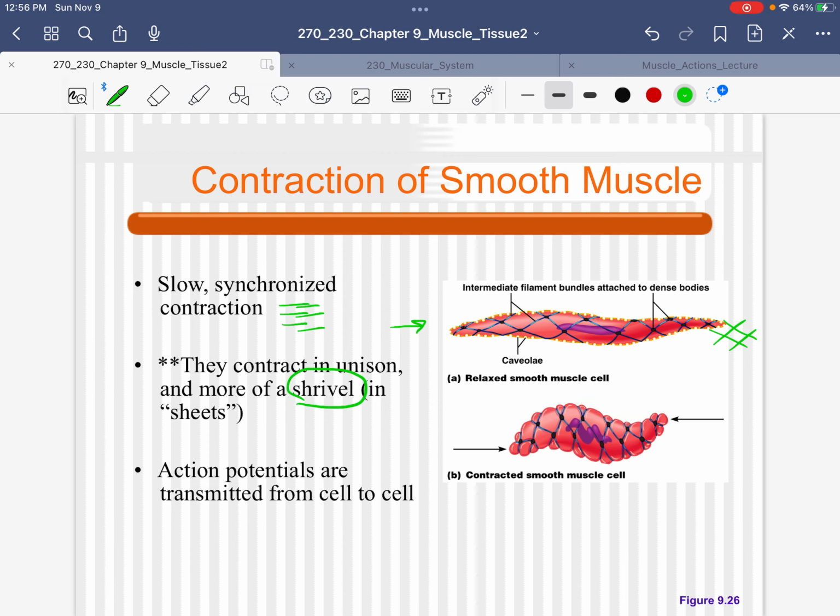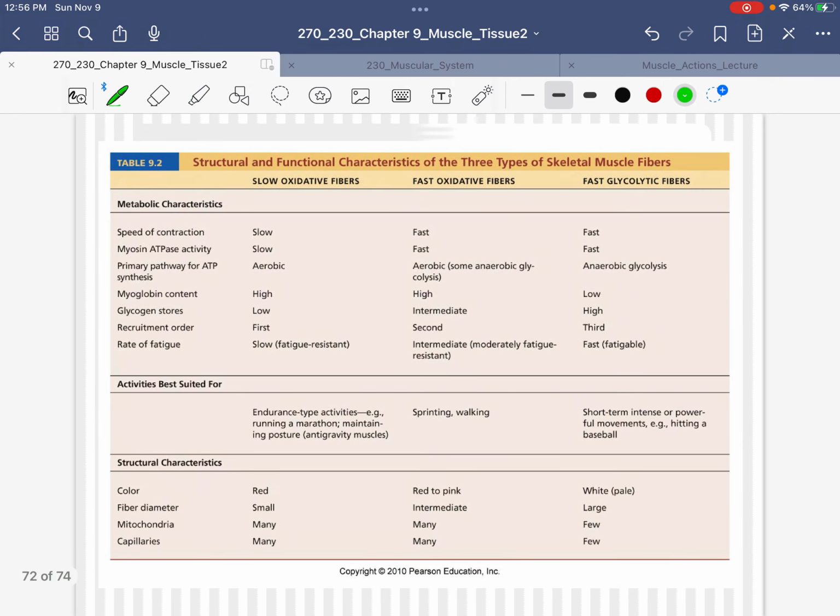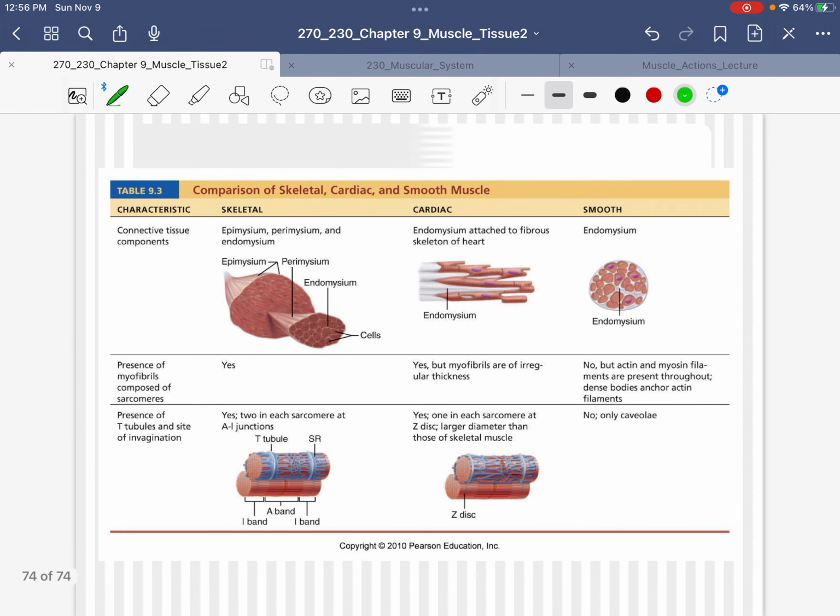When smooth muscle contracts, it shrivels like a worm in the rain. It's not quite the linear sliding filament theory; it more shrivels. I could give you other information, but that's all I want you to know from this.